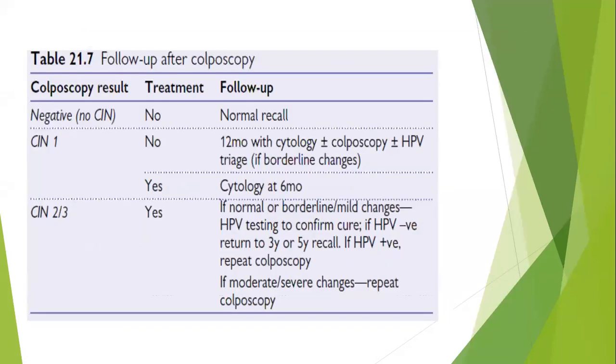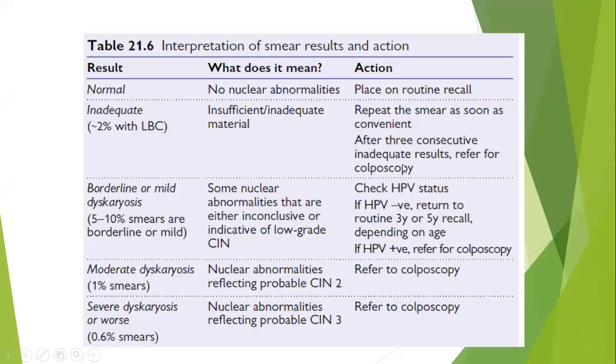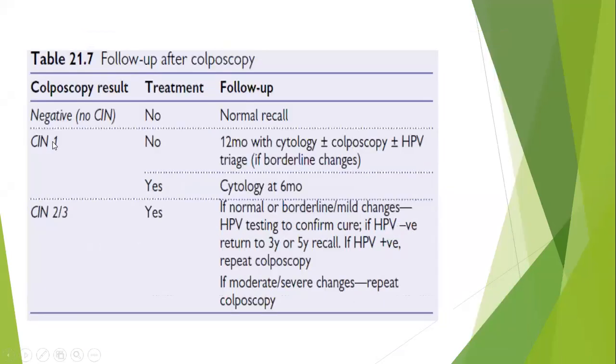Okay, now if you refer a patient for colposcopy and the colposcopy results came out to be negative, then it's okay, normal recall. You will again go to 3-year follow-up or 5-year recall. If it is CIN1, then you refer for cytology at 6 months.